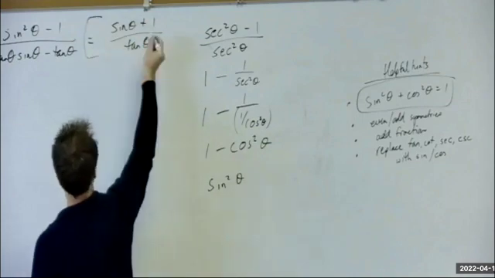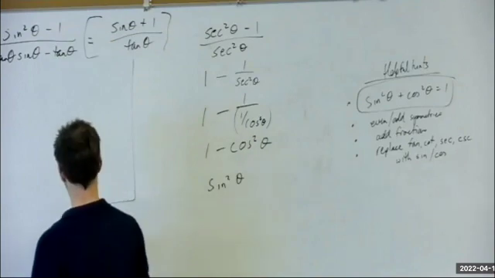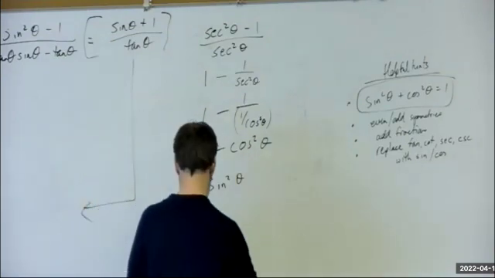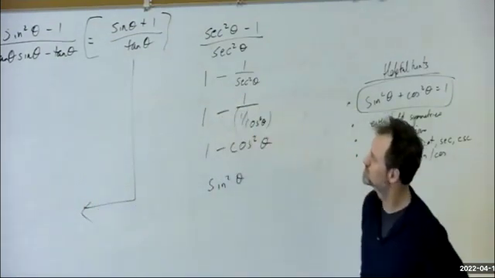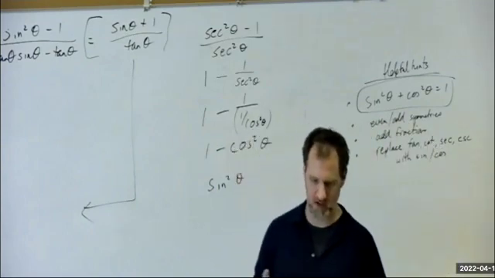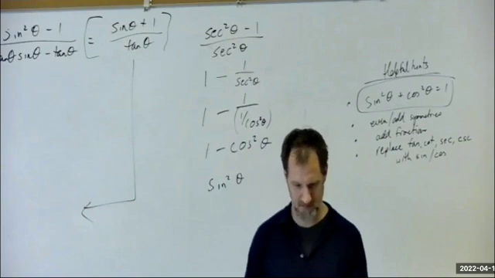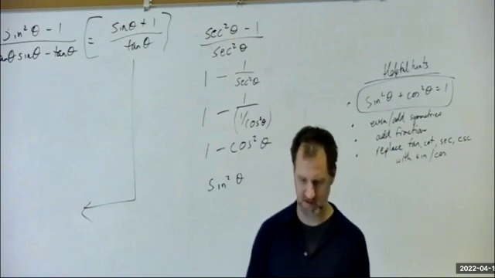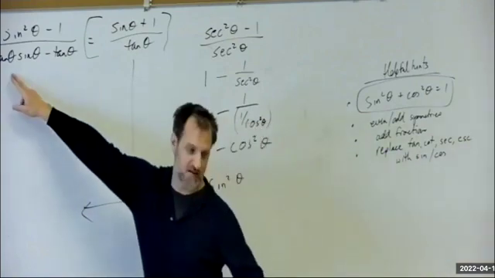Right, so remember, we're not doing the same thing to both sides. We're going to try to operate on one side. Sorry, that first term here, this is tan theta.